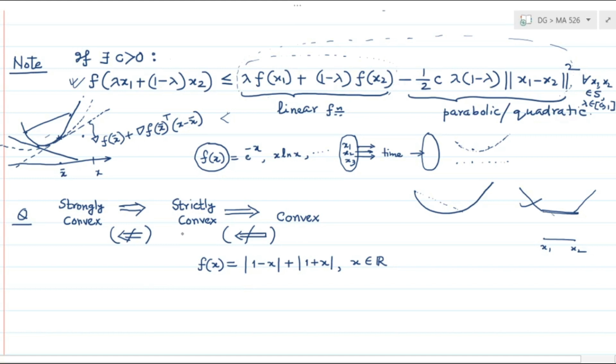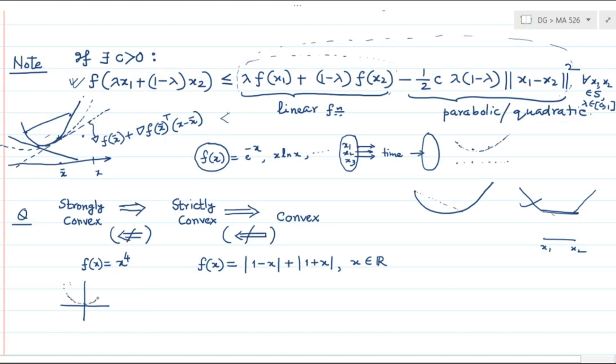And for a function which is strictly convex but not strongly convex, you will have this example: f(x) equals x to the power 4. The graph of the function x to the power 4 is lying above the parabola, right?